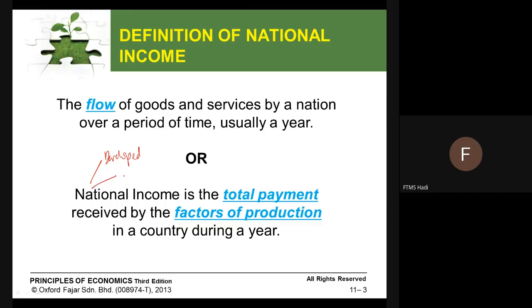In a developed country, you can see there are a lot of buildings, a lot of businesses, a lot of factors compared to the developing country. In a developing country, there are quite a few businesses and few factories, which is on the growth stage. Therefore, the national income for developed is better than developing. Can you imagine, the big countries' national income is far better than the small countries.